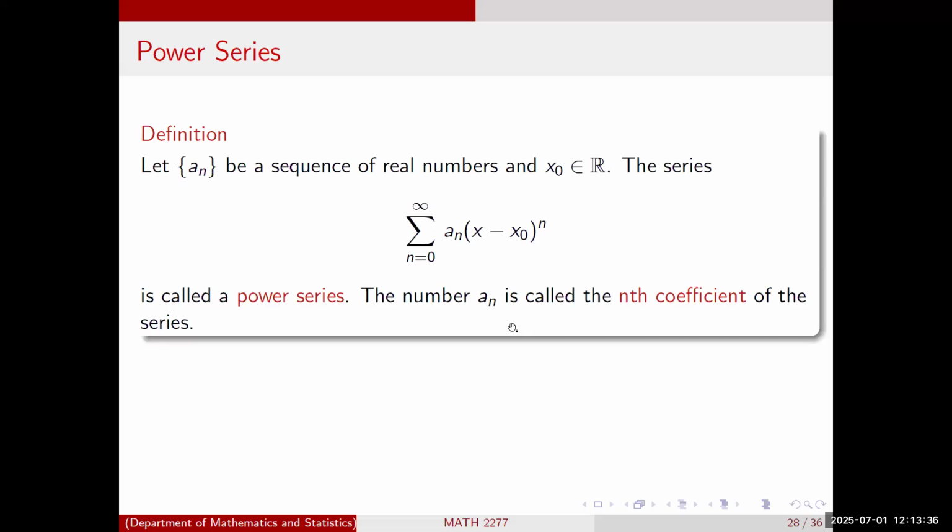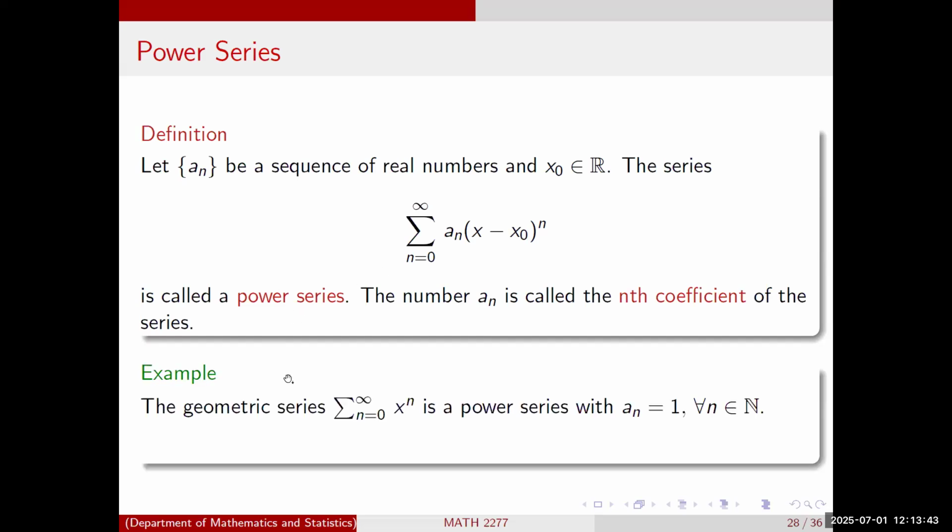The numbers a_n are called the n-th coefficient of the series. For example, the geometric series, which is just x to the n. It's usually written as r, but r and x, same thing.